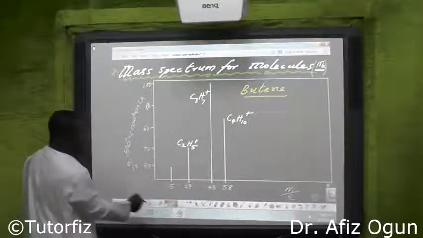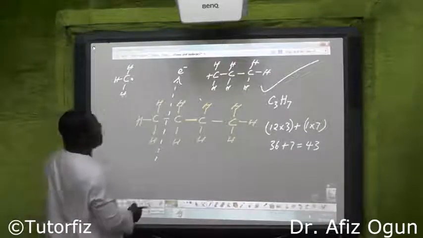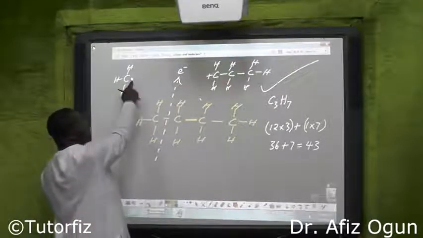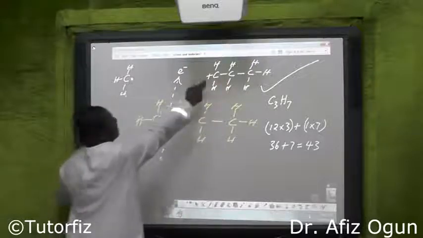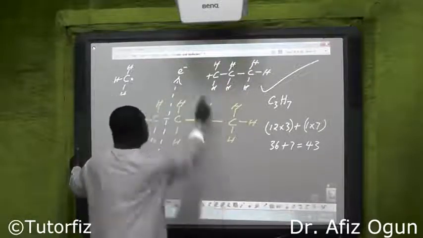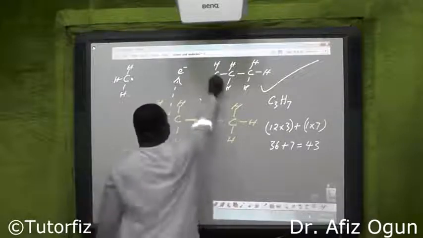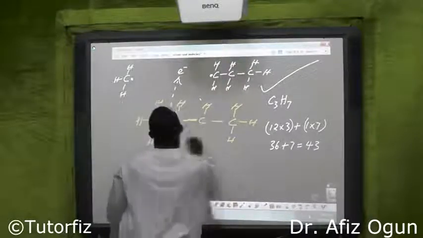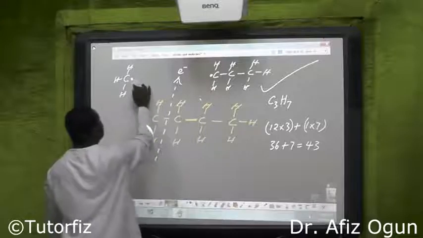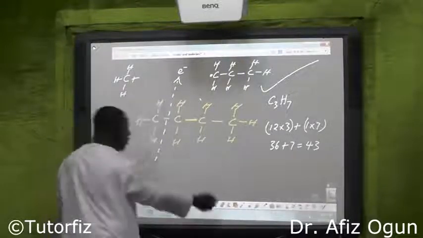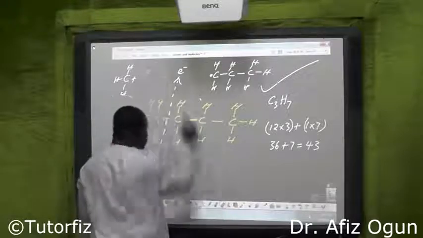And the other possibility is that when this breaks, this one gets the electron and becomes a free radical, so it's lost, just as this one was lost before. So the free radical is always lost. So this becomes lost, and this one has no electron, it becomes positive. So this is what goes through the mass spectrometer. We continue the journey.